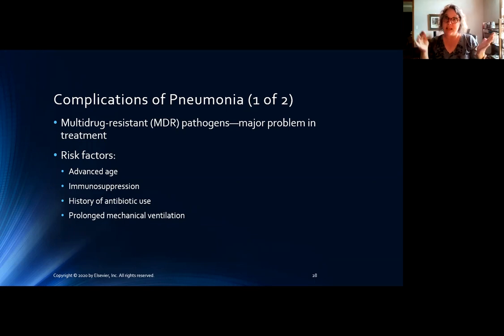Methicillin-resistant Staphylococcus aureus exists because people, not just one person, people had staph infections that were being treated with methicillin, but they didn't effectively take all of the methicillin.